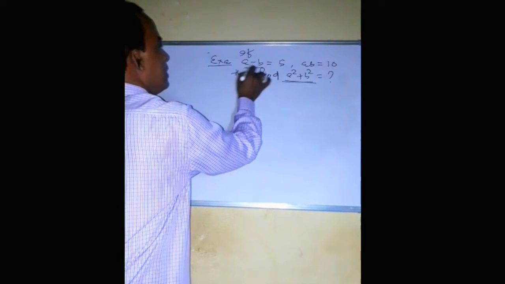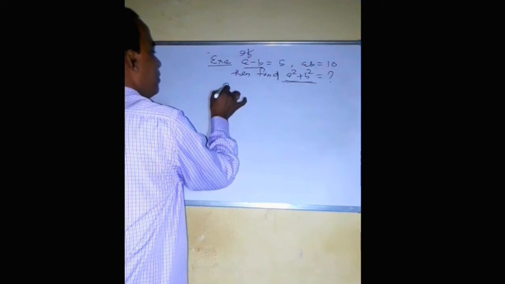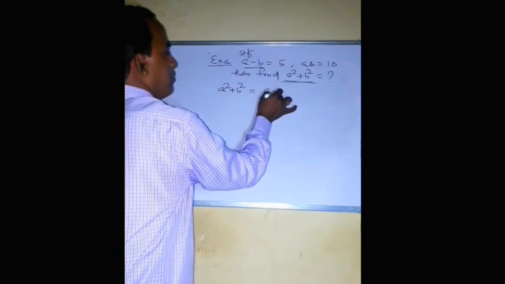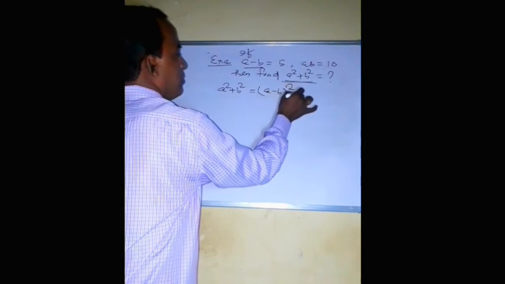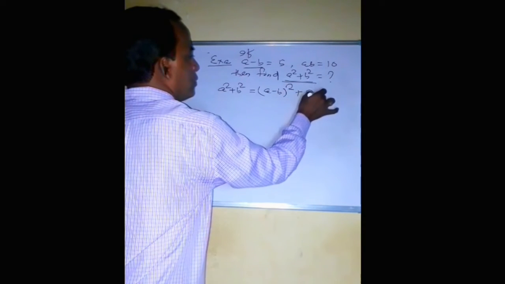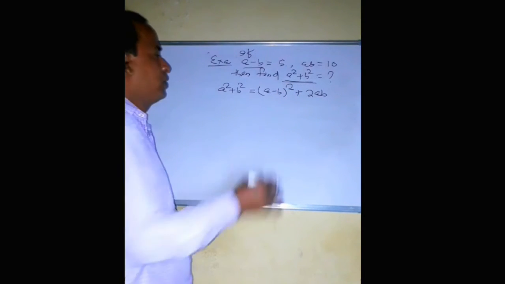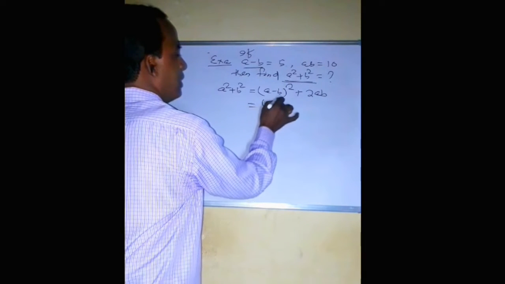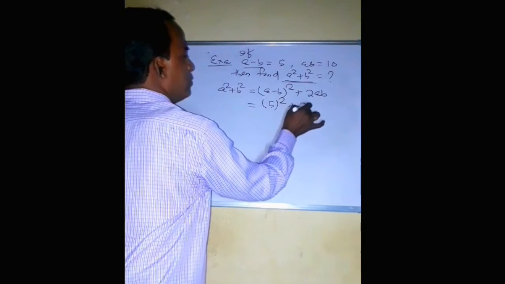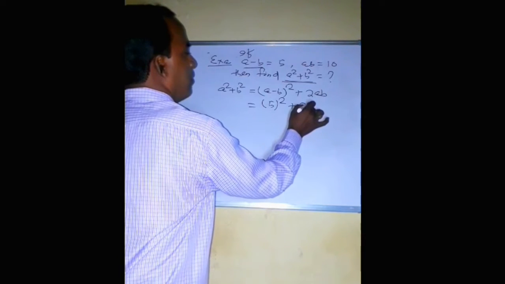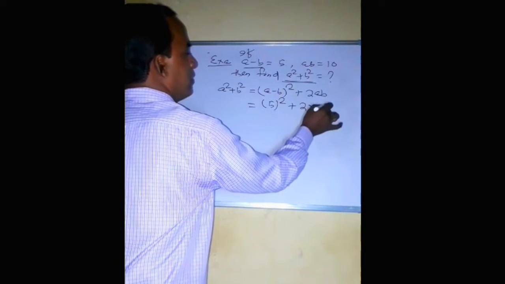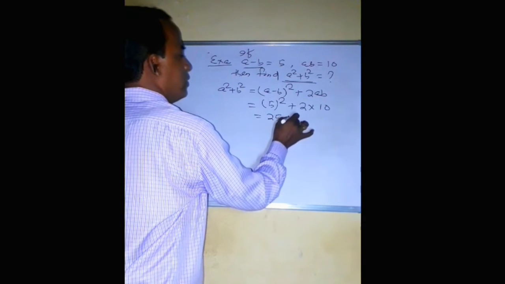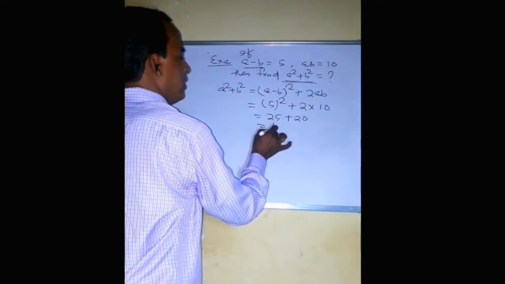But here a minus b is given, so a square plus b square equal to, we have to apply the formula, a minus b whole square plus 2ab. So a minus b means 5 square plus 2 into ab, here 10, so 5 square equal to 25 plus 20 equal to 45.